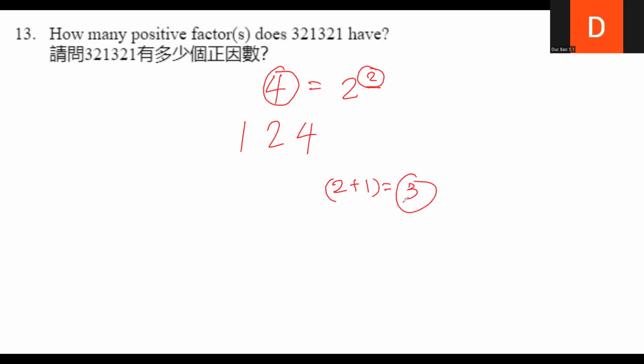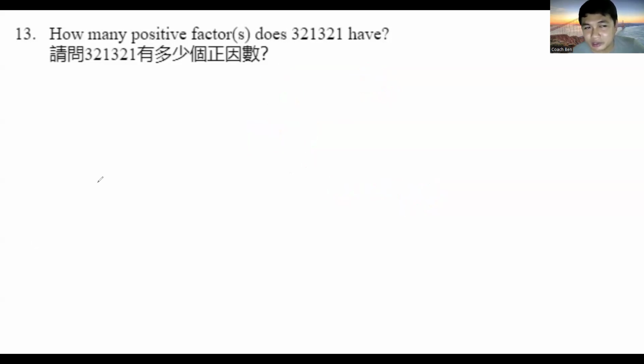So this is just the formula on how to get the number of positive factors. The proof is a bit difficult if that's what you're asking, but this is just the formula, okay? You get the prime factors and then you take the exponents, add 1. If there are multiple bases, then you multiply them as well, okay? So are there any more questions for number 13?